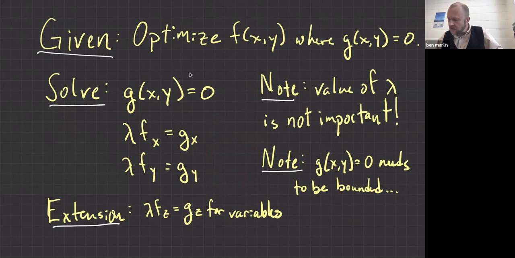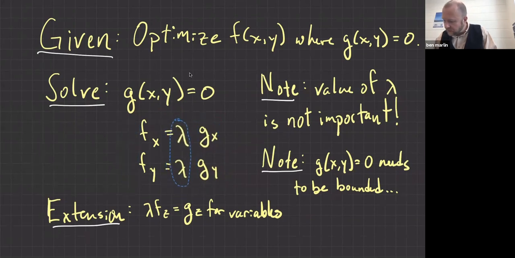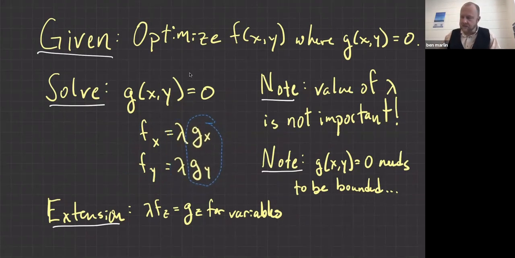In what I wrote here, I put my lambda to be multiplied by the f sub x and the f sub y, but you could just as easily have put the lambdas over here to the other side and had them be multiplied by the g sub x and the g sub y. As best as I recall, that is how the textbook lists it.